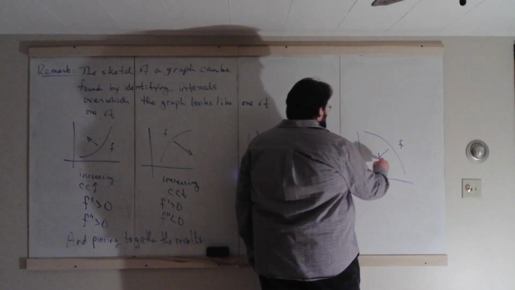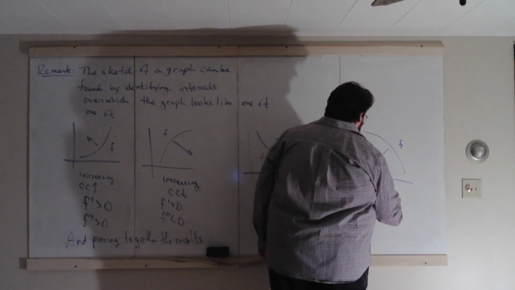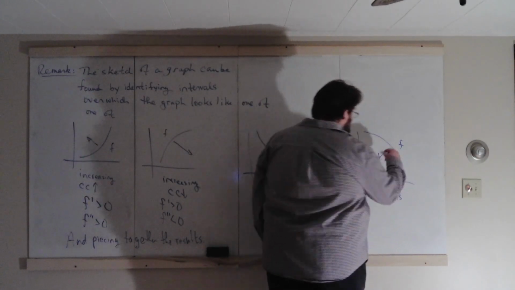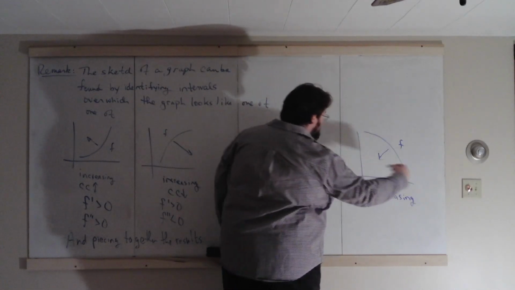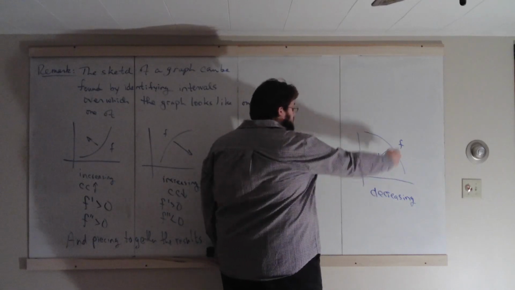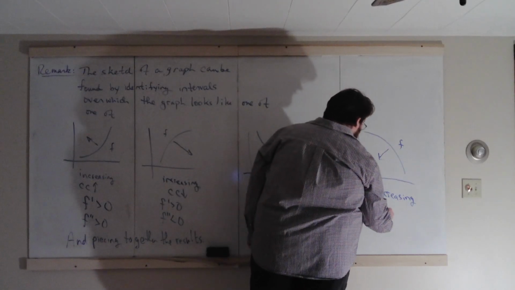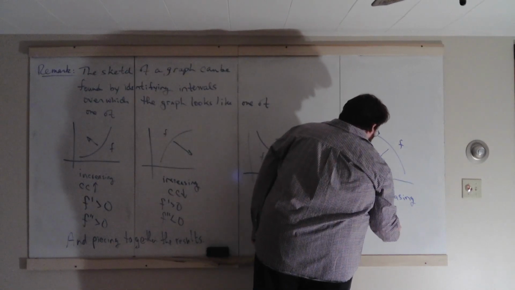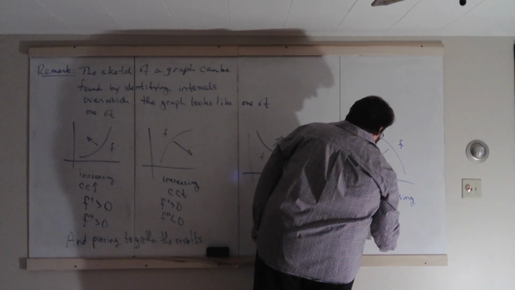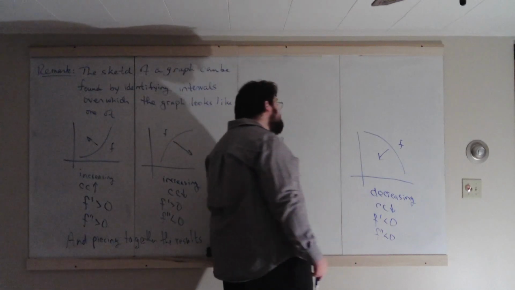And down here, it's decreasing, which has nothing to do with that arrow I just drew. It's decreasing because it's going down, and it's concave down because the caved portion is pointing down. And of course, decreasing, first derivative is negative, and the second derivative is negative if it's concave down.